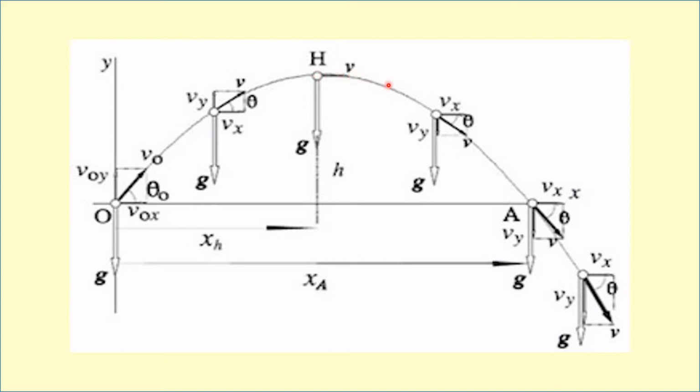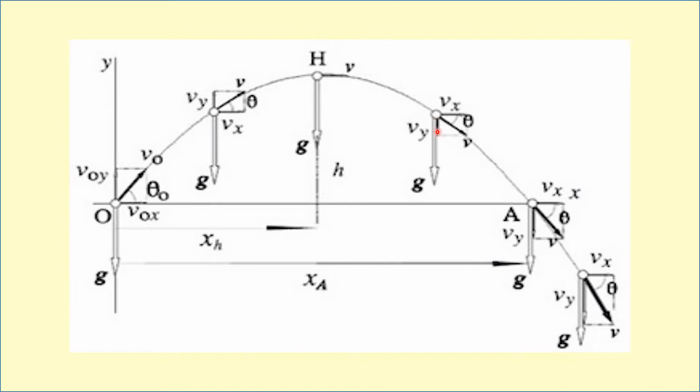Now, on its way down, remember it continues to move because of inertia until it reaches this point, supposing this point is of the same level as what we have here. We say that the downward component of the velocity Vy is now going down, and therefore the velocity component along the y is now negative.